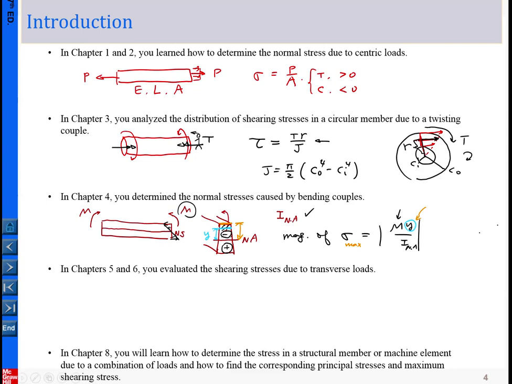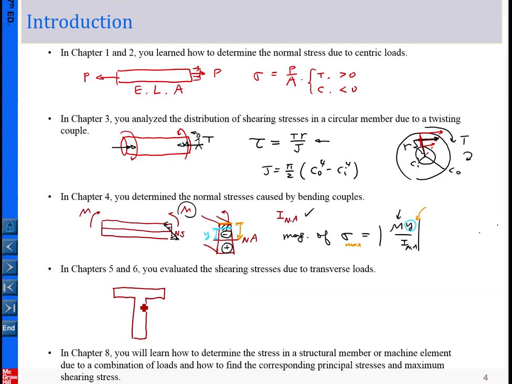Okay, and then this is the third loading type. The last one is from transverse loading. So let me take the cross-sectional view directly, and that is what we just learned from chapter 6 here. So this is the cross-section of a beam.